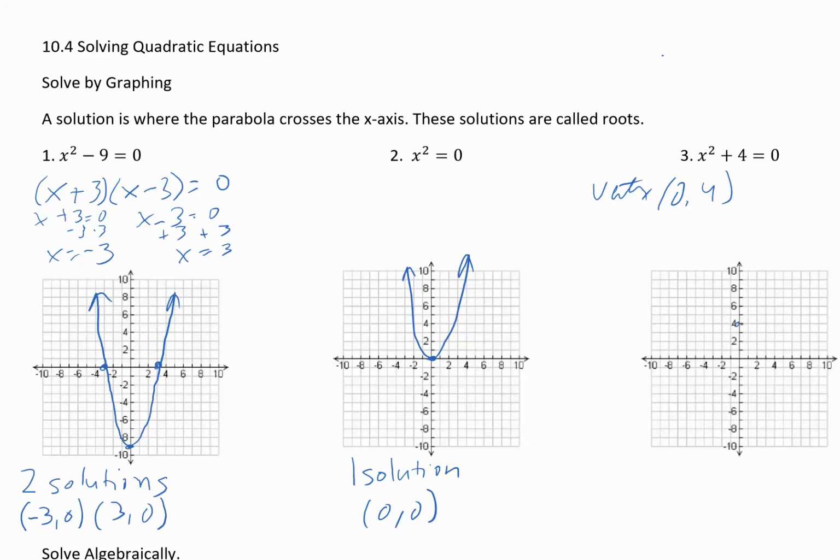And we can also tell that this is a positive parabola, so it's opening upwards. So just by looking at it, I already know it's going to go up something like this. So therefore, if a solution is where the parabola crosses the x-axis, just by looking at it, is this going to cross the x-axis? No, it's not. So since it's not, this would be an example of no real solution.